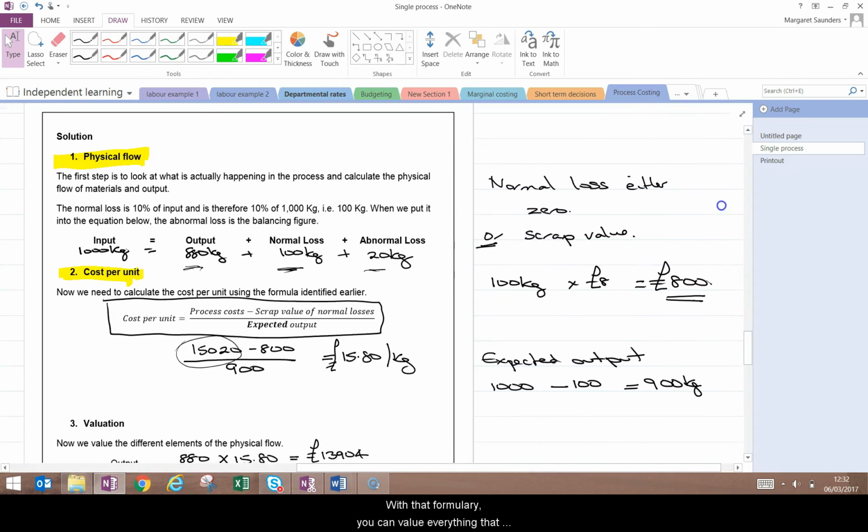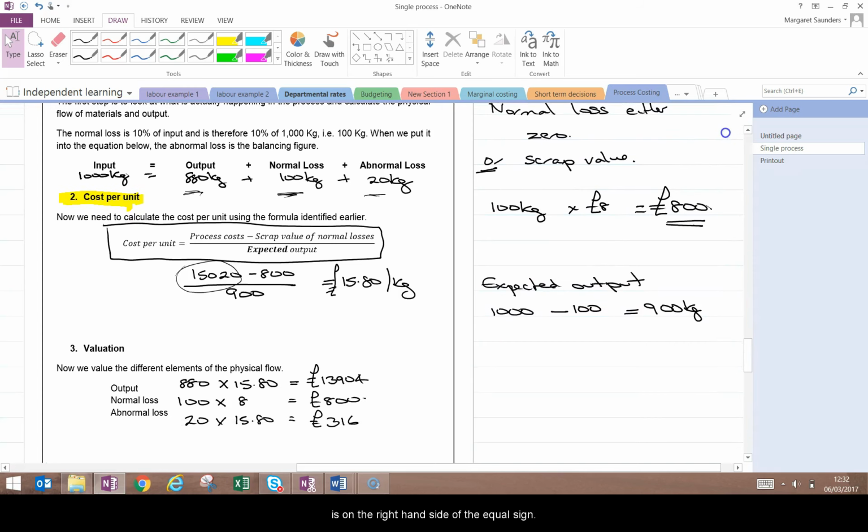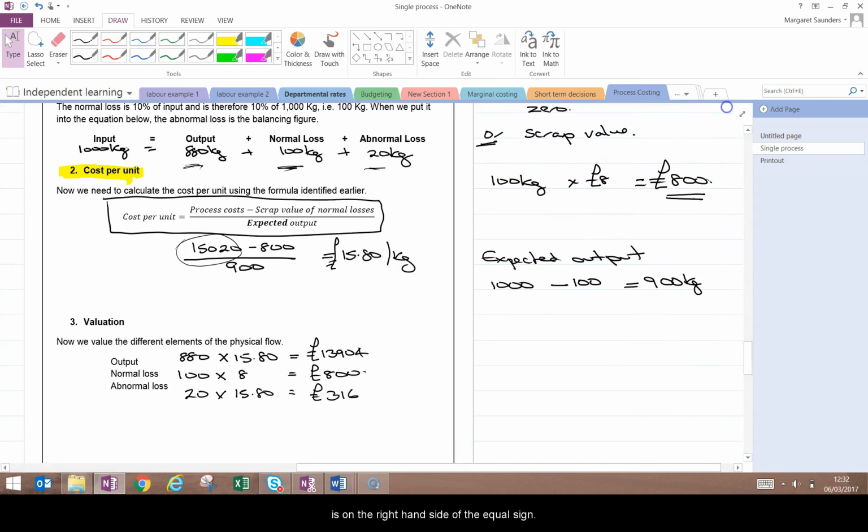With that formula, you can value everything that is on the right-hand side of the equal sign. So we're valuing our output, normal loss, abnormal loss. Bear in mind, normal loss, 2 possible valuations, 0 or scrap value.